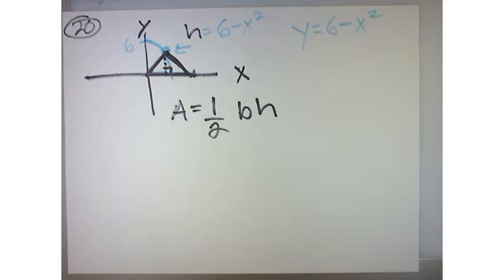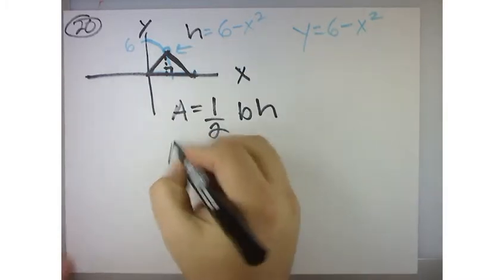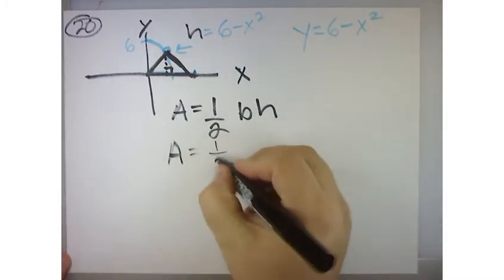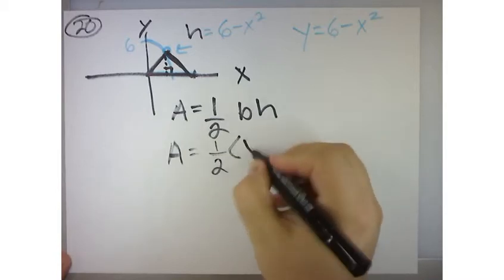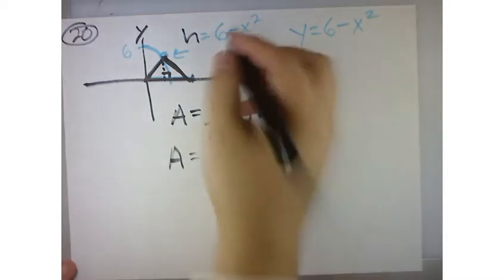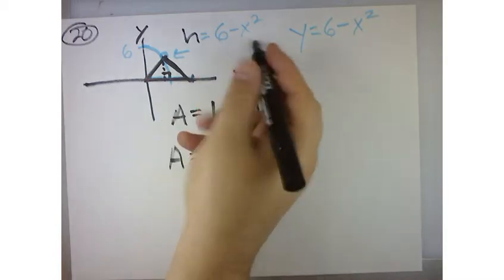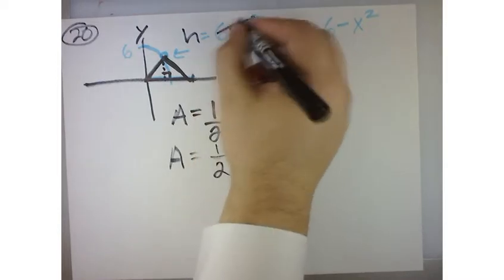Okay? But my base would be from here to here, right? So could I say A is equal to 1/2, my base is x, and my height should be this number? No, because where would this x value be? It's kind of like this, but I've got to change it up a bit.